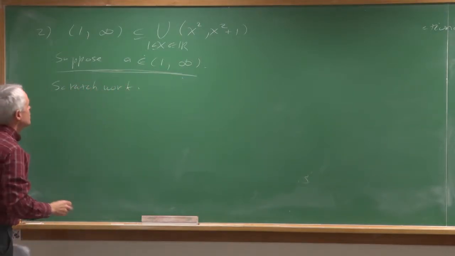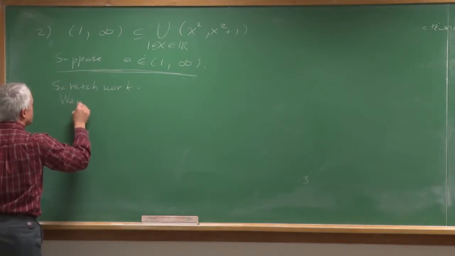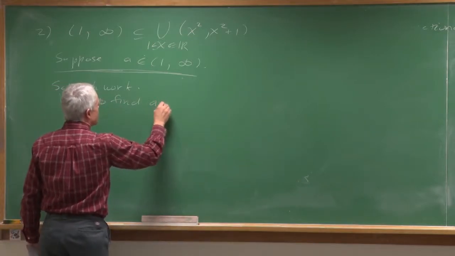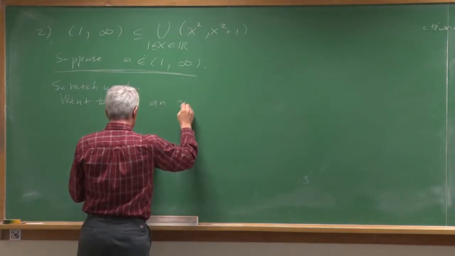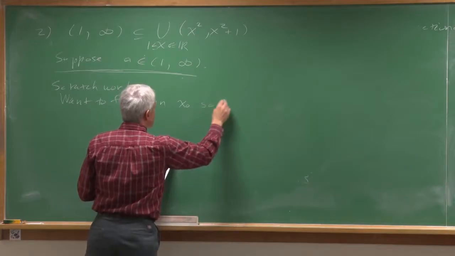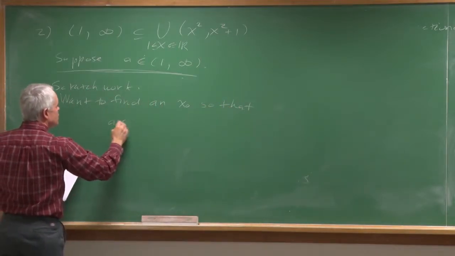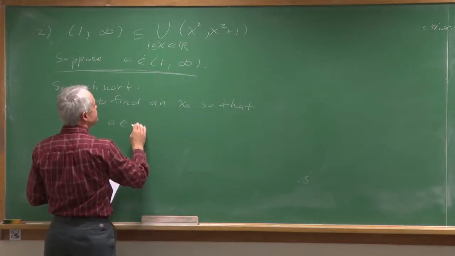We want to find an x, maybe call it x naught, so that a is in this interval.